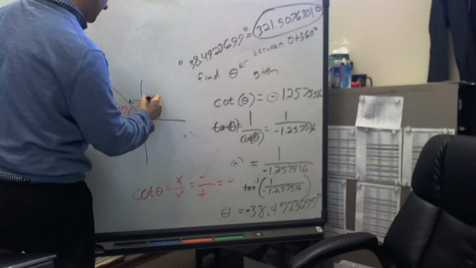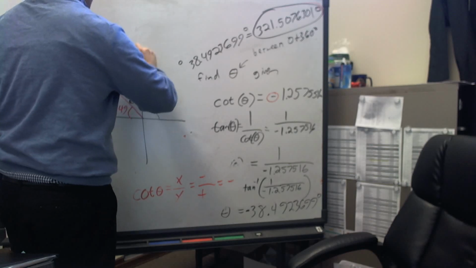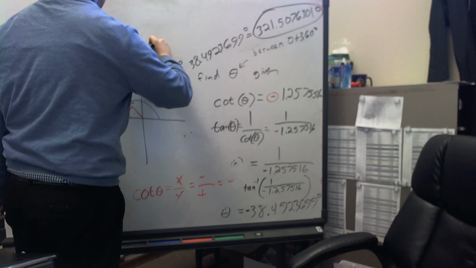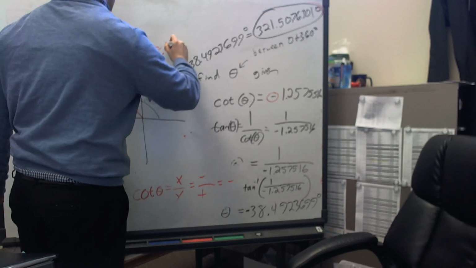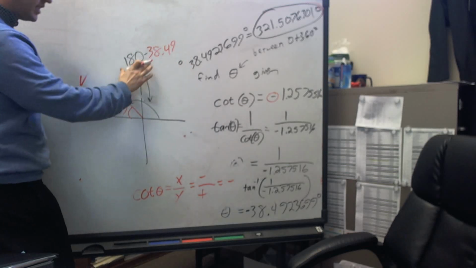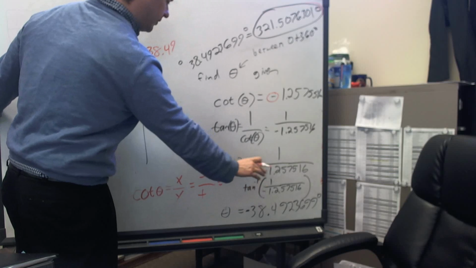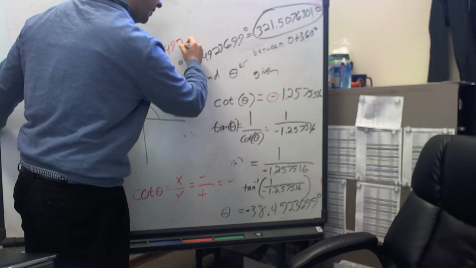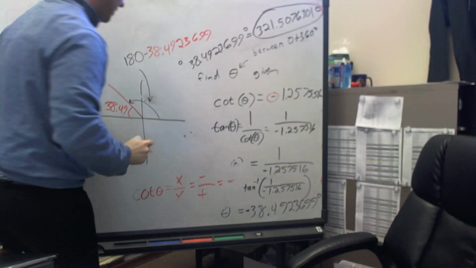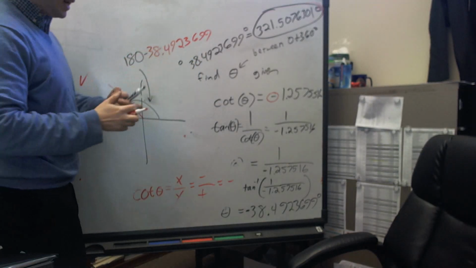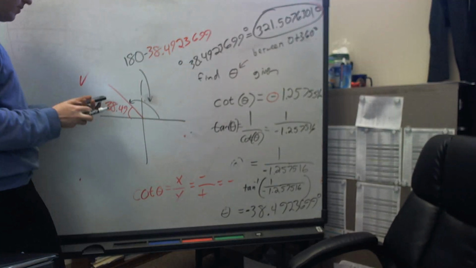I need more room to do this. Since I'm actually about to perform this calculation, I'm going to go ahead and write down all my digits there. So it's 38.492.3699, and when I do 180 minus that, it will give me my other angle that satisfies this equation.